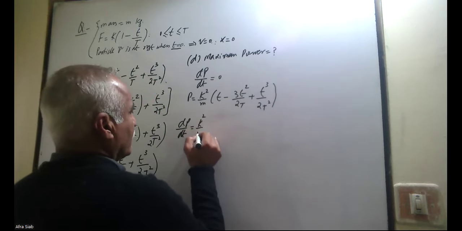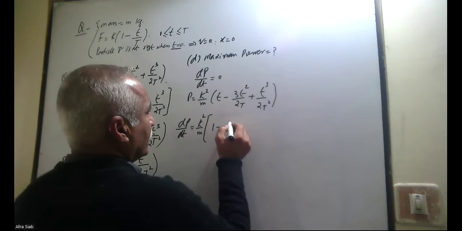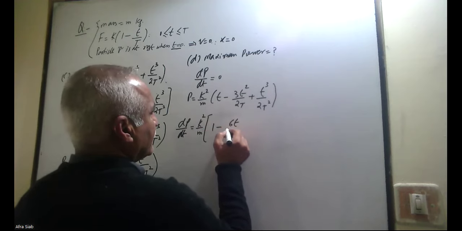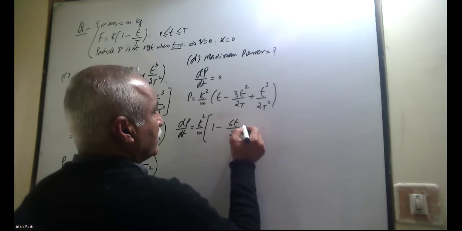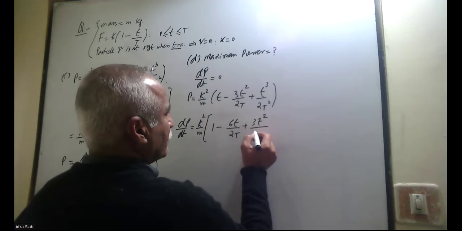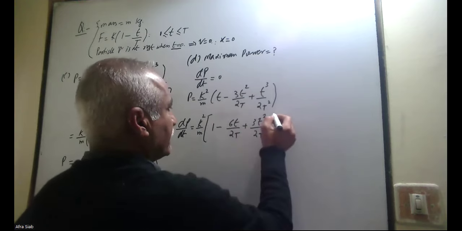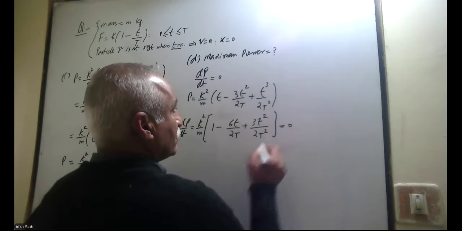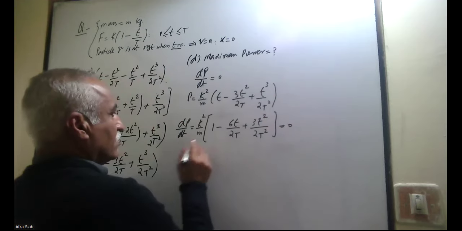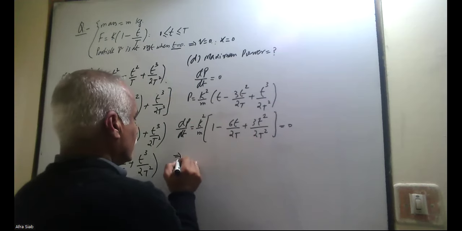So k square over n is a constant there as it is. The derivative is 1 minus 6t over 2T plus 3t square over 2T square because k and T are constants, and that thing should be equal to 0. So k square is constant.